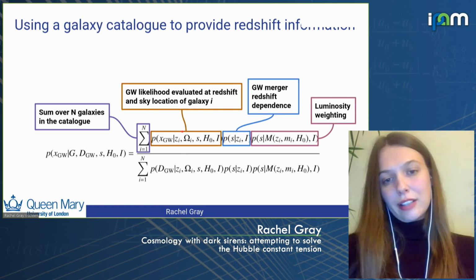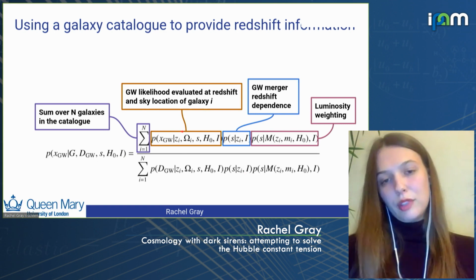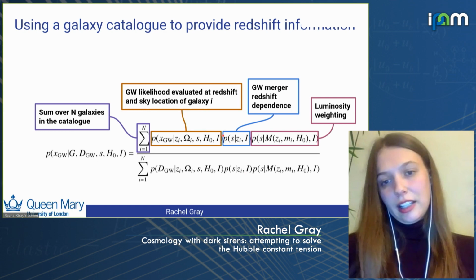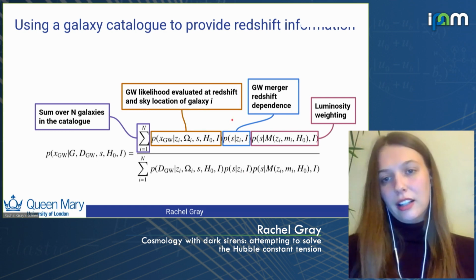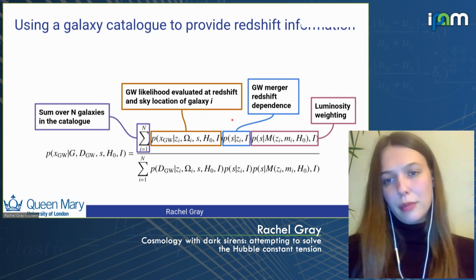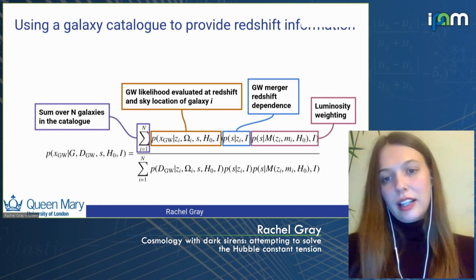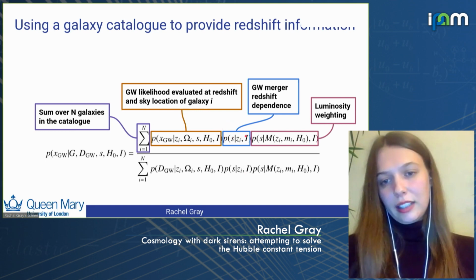Essentially, you're evaluating the gravitational wave data, the probability density at the redshift given a Hubble constant and sky location of each galaxy. This term here means that you can incorporate some gravitational wave merger redshift dependence. So if you believe that gravitational waves were more common at higher redshifts, then you can include it in this term.